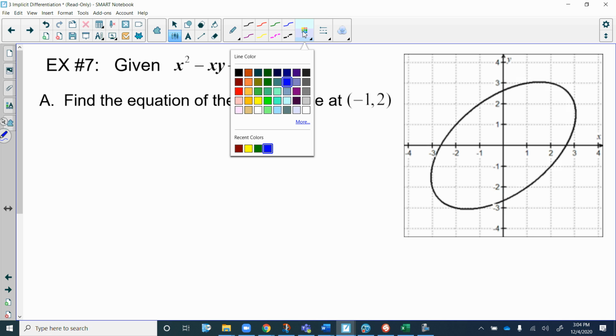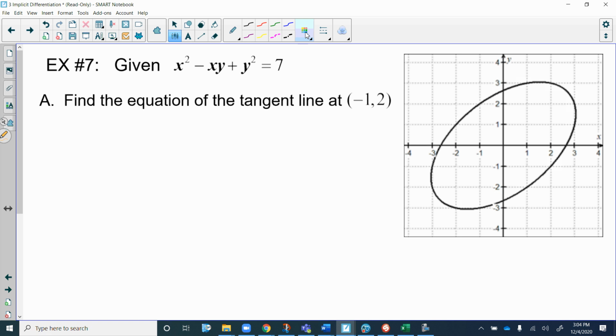So let's go to a different color here because I keep using blue. Let's try an orangey color. Start by taking the derivative of the function as it's given to you. The power rule on the x squared term will give me 2x.